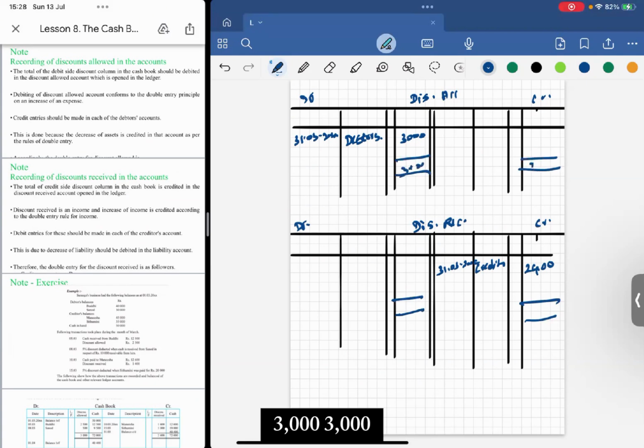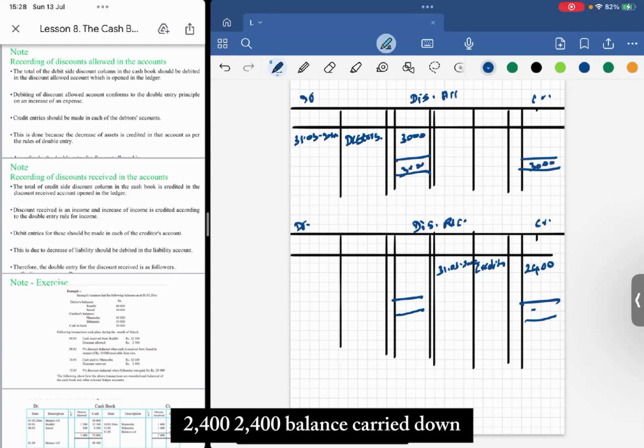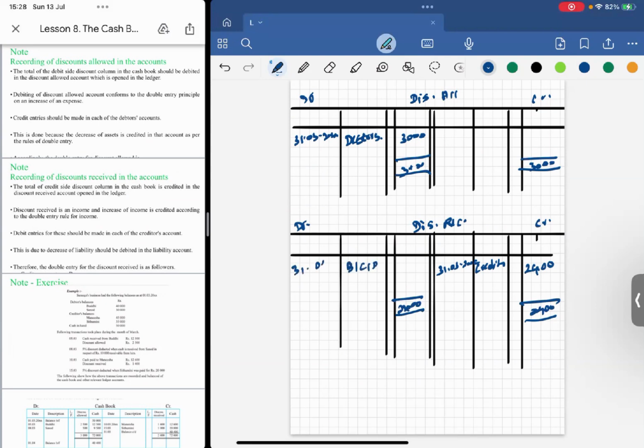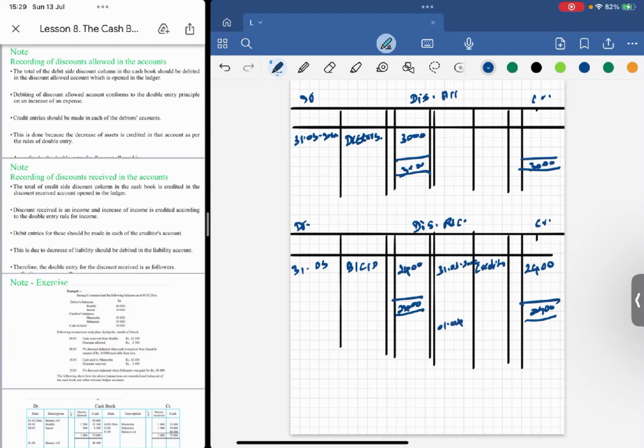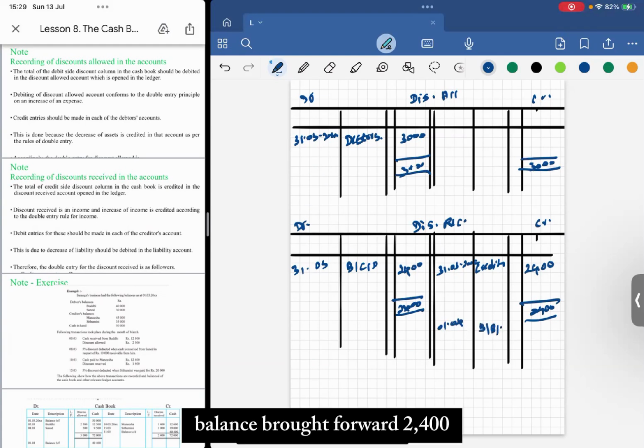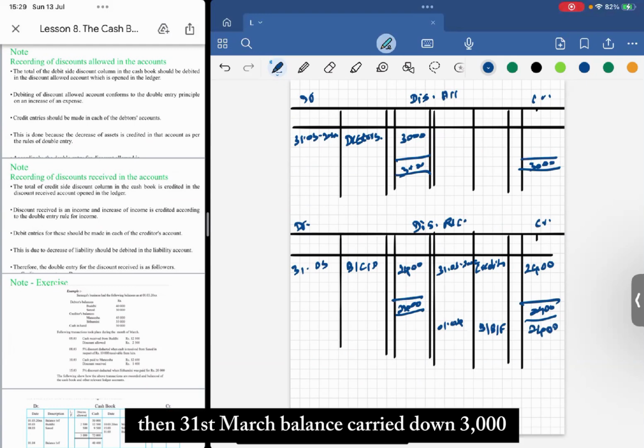3,000, 3,000, 2,400, 2,400. Balance carried down, which will be 2,400, and on balance brought forward 2,400. Then 31st March, balance carried down 3,000.